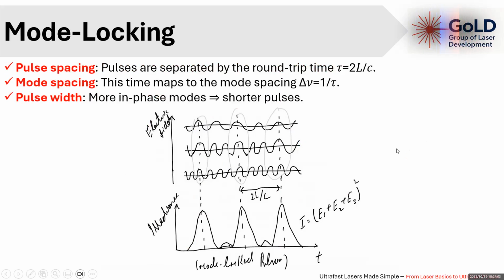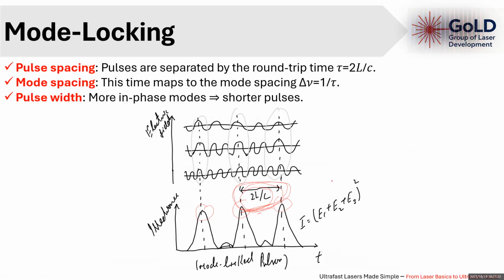Just remember here, this time is 2L over C. L is the length of the cavity, and here it is locked, locked, locked. So the difference between two locked pulses is equal to this one.